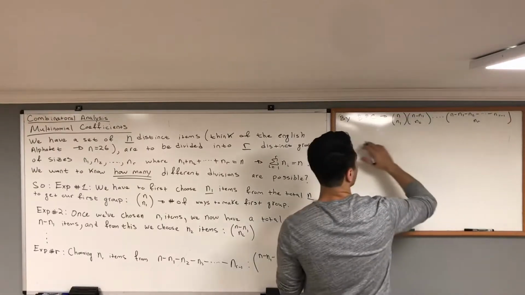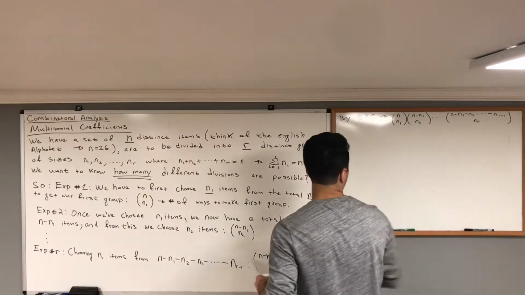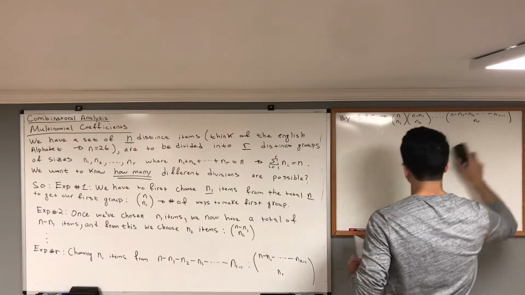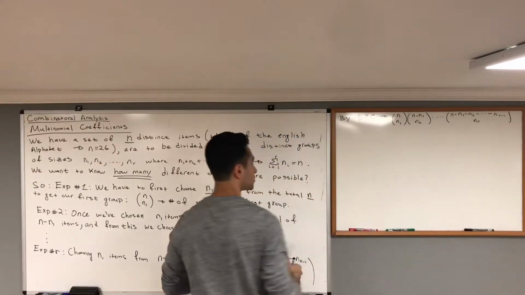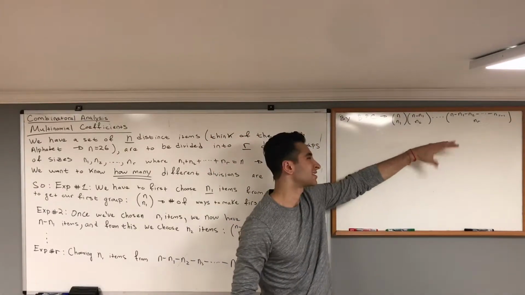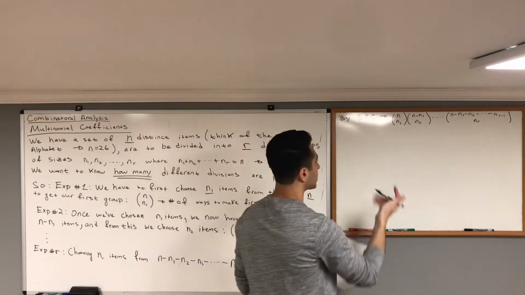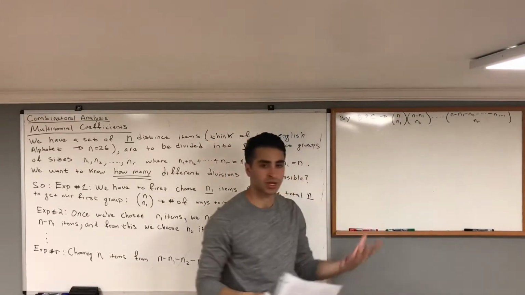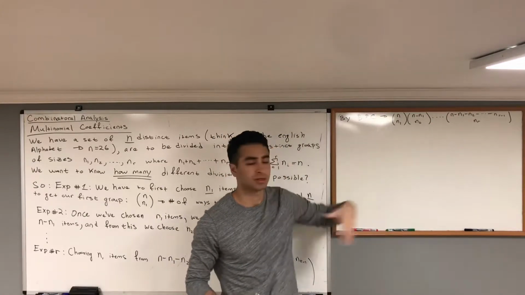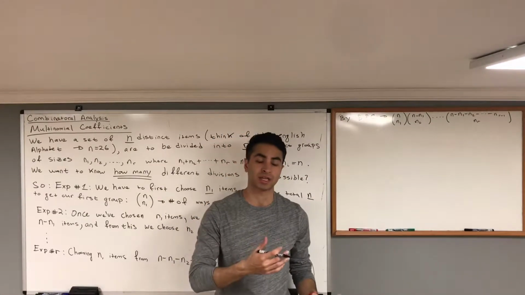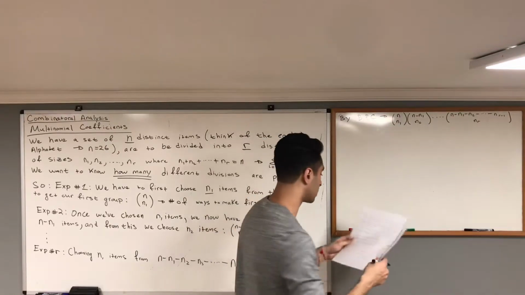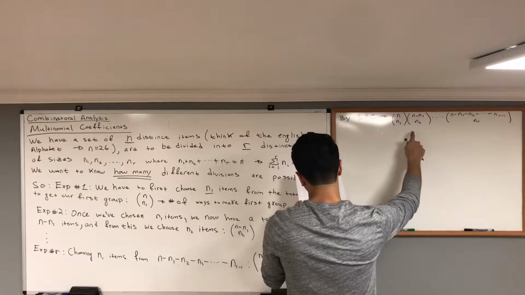You're multiplying all these terms together to find the total number of outcomes. And we're technically done. But this is not a clean answer. We want to use algebra to divide things out if we can. So, we can't work with this, right? We have to understand what n choose n1 means. Well, if you think back to last video, it's just the definition. So let's unravel what each of these terms means.